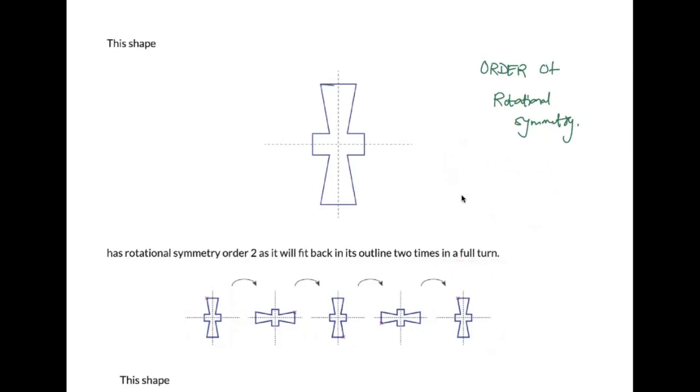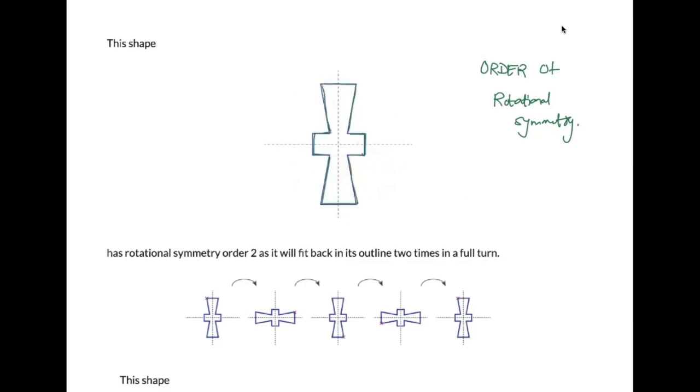For example, if I rotate this shape 90-degree, okay, it doesn't fit its outline, right? It doesn't fit its outline. But when I rotate it 180-degree, it does fit the outline.